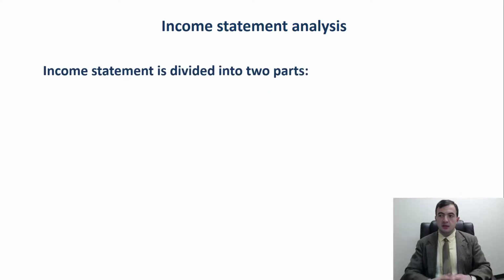Each dimension of the income statement can be divided into 2 parts, and those 2 parts are operating and non-operating categories.